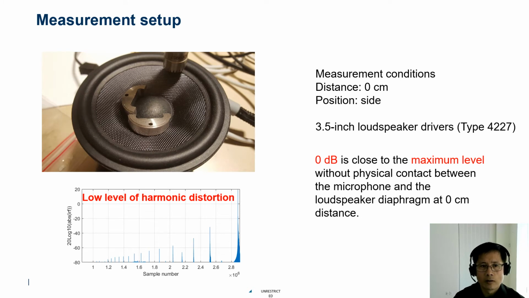To validate the idea, we made a simple setup as shown in this picture, where we have placed the microphone close to the loudspeaker unit. And in this example, we also show that the artificially created artifact, which is a metal piece, is placed on the membrane.